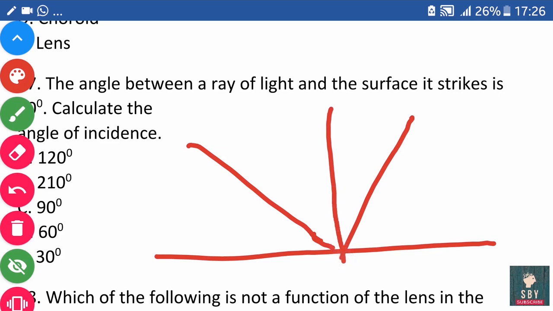So the angle between a ray of light and the surface it strikes: this is the surface and this is the light. So the angle between the surface and the light is 30. So this angle is making 90. If it's making 90, then the angle of incidence is 60. And we know that the angle of incidence equals the angle of reflection. Okay, so this is 60. So the angle of incidence is definitely 60 degrees.